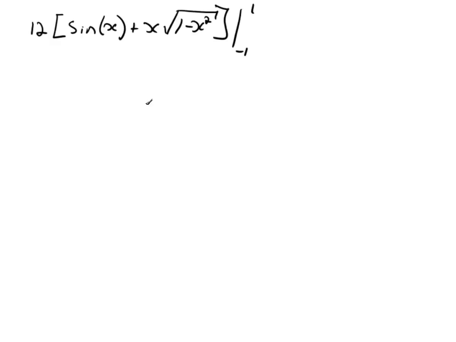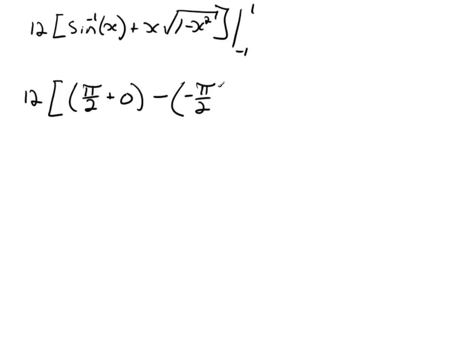So let's go ahead and solve this piece. This is going to be 12 times, see, this is arc sine, my bad. Arc sine of 1, that is going to be pi over 2 plus 1 times 1 minus 1 is 0, so that's just pi over 2 plus 0, minus arc sine of -1, that is going to be a negative pi over 2, plus at -1, this is -1 times 0.